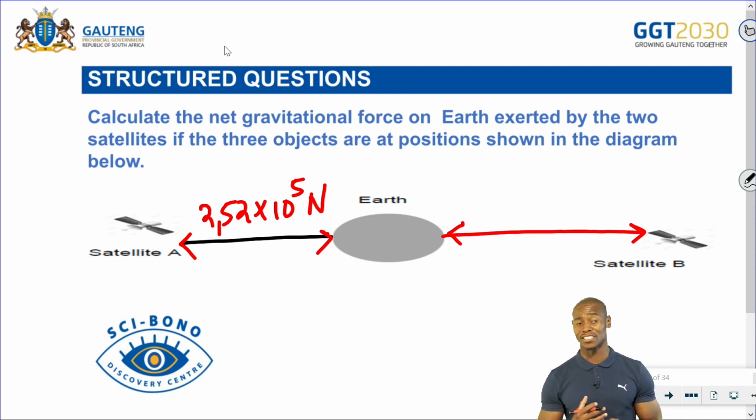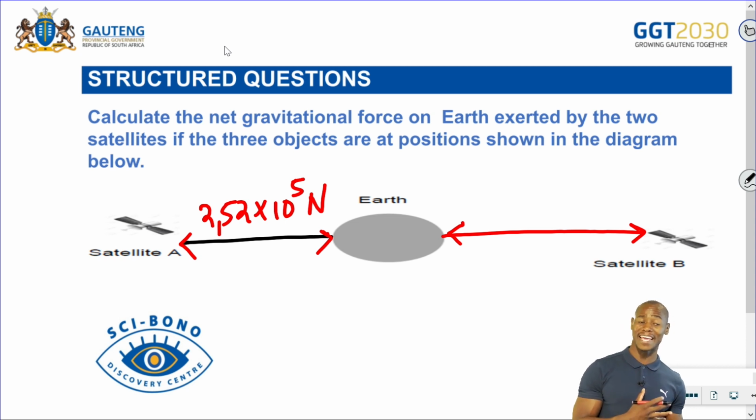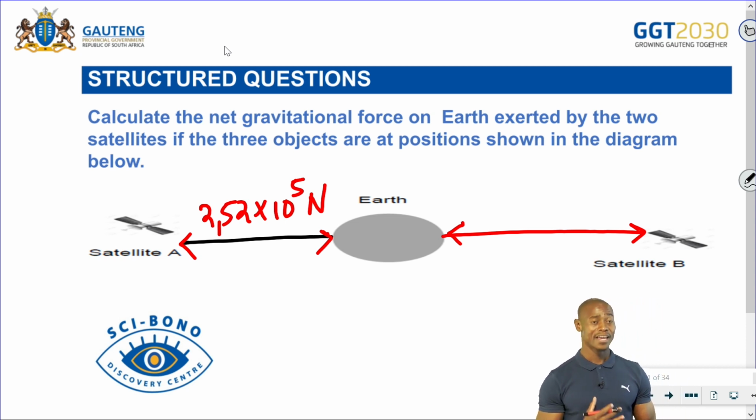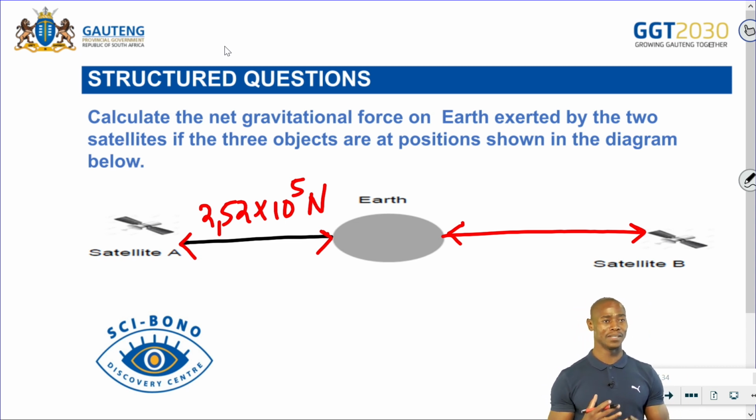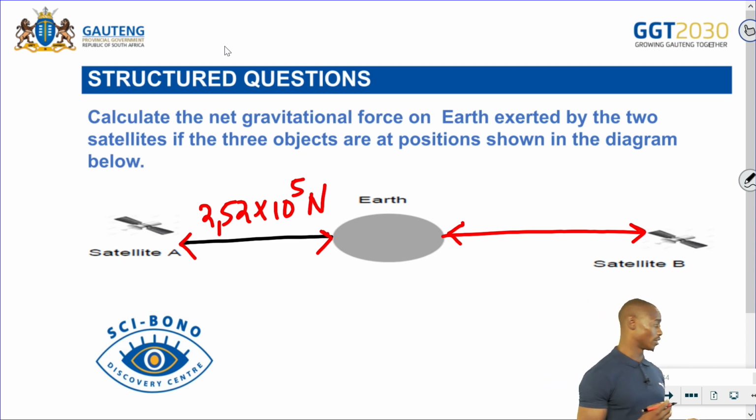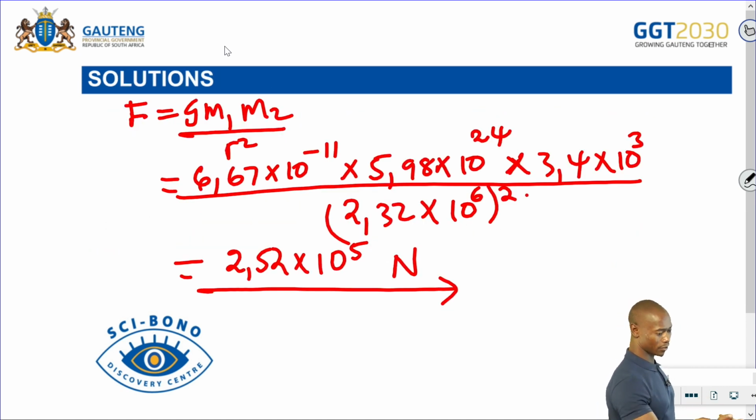Remember, we have the gravitational force exerted by satellite A on Earth. Now we are looking for the gravitational force exerted by satellite B on Earth. So let's do that.